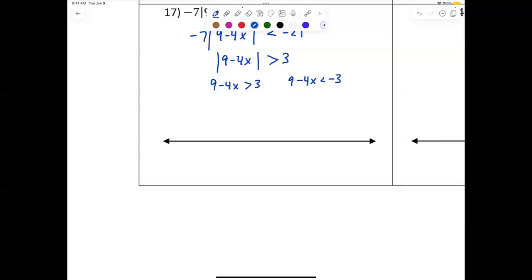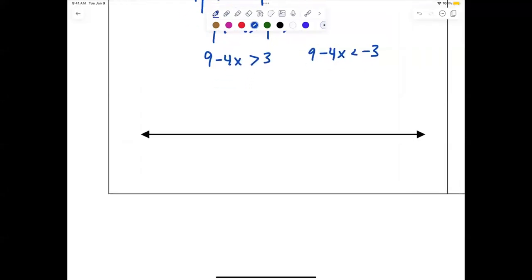Okay, let's solve this now. What do I do first? -9. -4x is greater than what? -6. Now I'm dividing again by a negative, so again I have to do what? So x is less than 6/4, can reduce to what? 3/2.